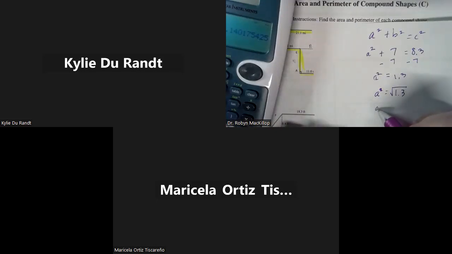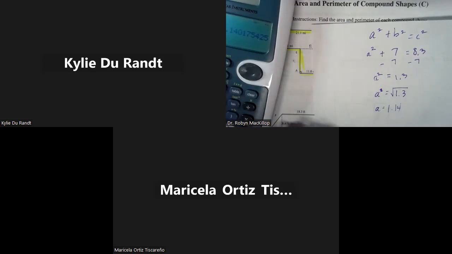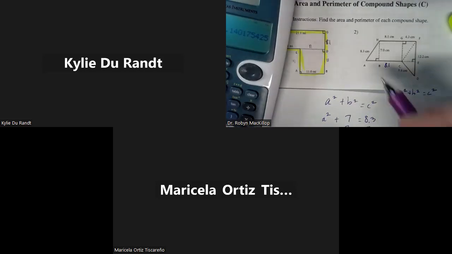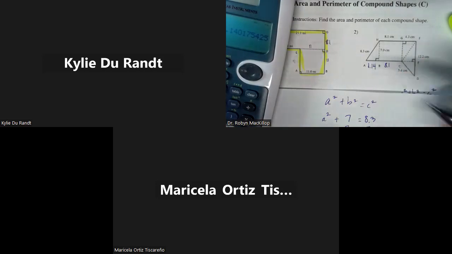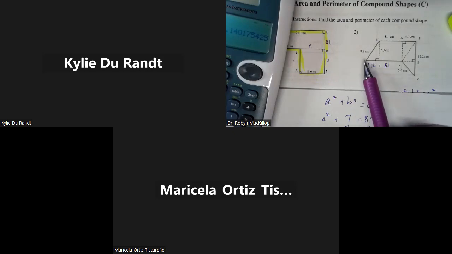So a equals 1.14. We're going to come back to our shape. This is 1.14. We have got every side accounted for. So for perimeter, we add all of these up. Decide where you're going to start. I'm going to start right here in this corner, and I'm going to go up.